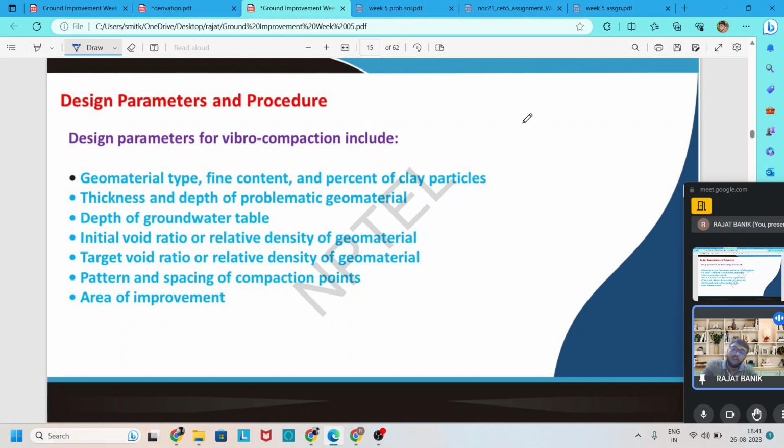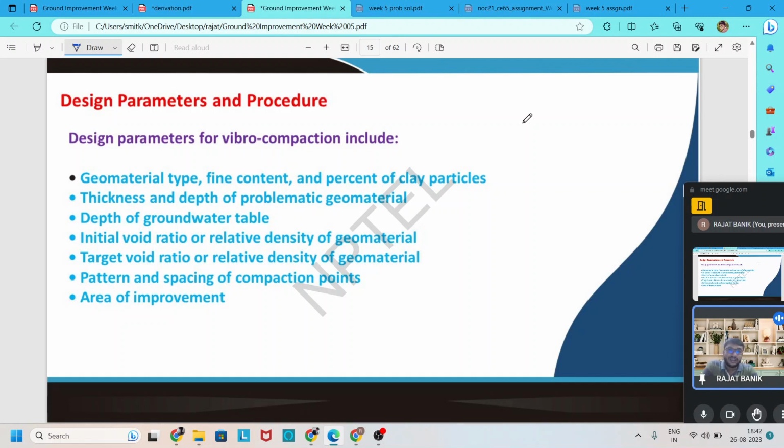Based on the initial void ratio and targeted void ratio, we can find out the relative compaction for each case, and to achieve our target void ratio, and by that way we improve our ground. It is also influenced by the spacing and pattern, whether it is a square pattern or triangular pattern.